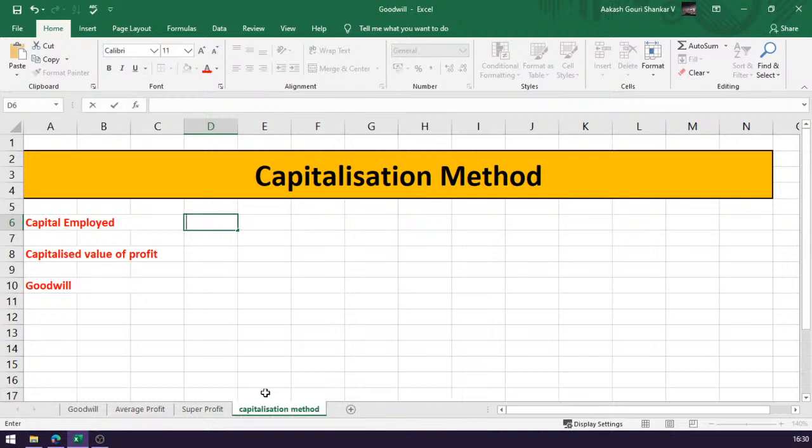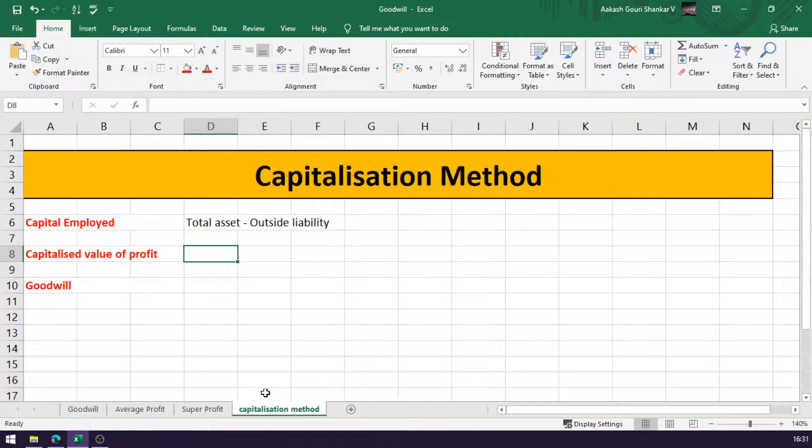The capital employed is equal to total asset minus outside liability. As we know, the balance sheet always tallies with the asset and liability. So the total of asset minus the outside liability will give the owner's fund. Owner's fund is nothing but the capital employed by the owners.